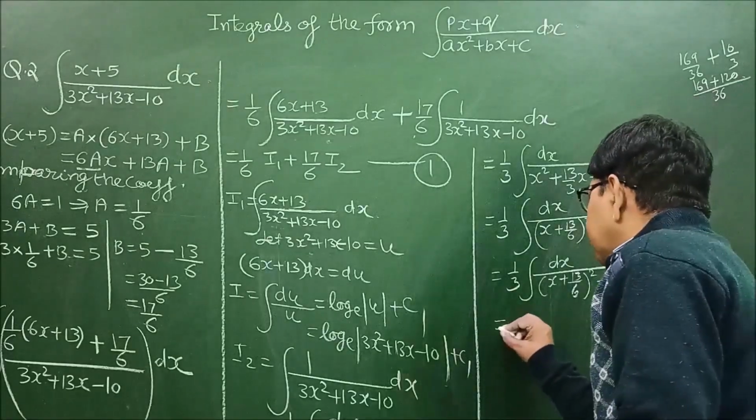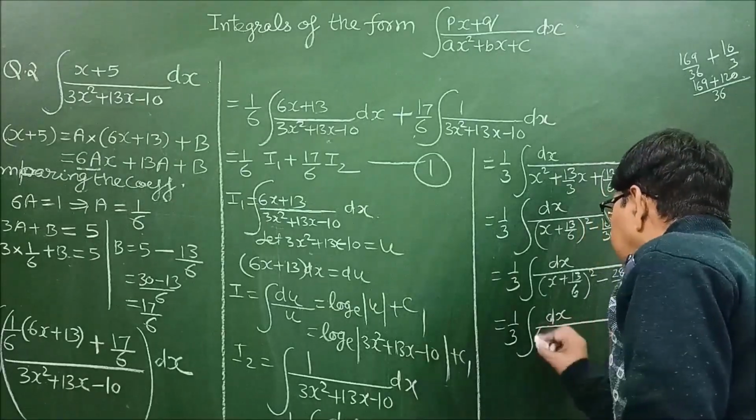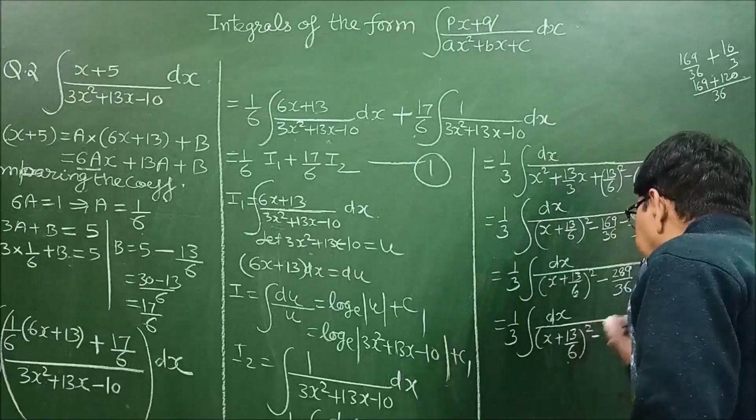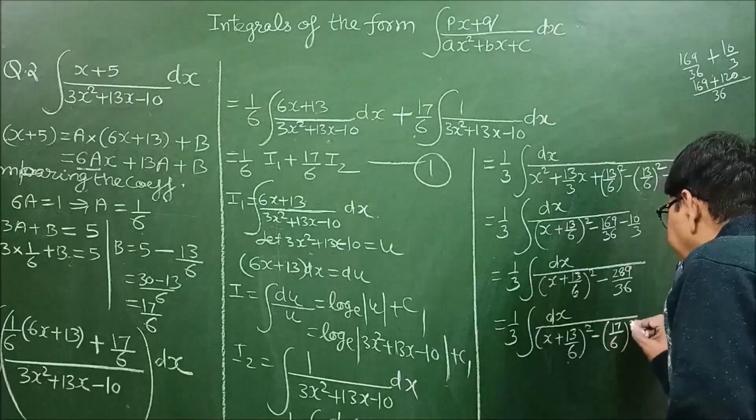So we can write this as 1/3 ∫ dx upon (x + 13/6)² − (17/6)².